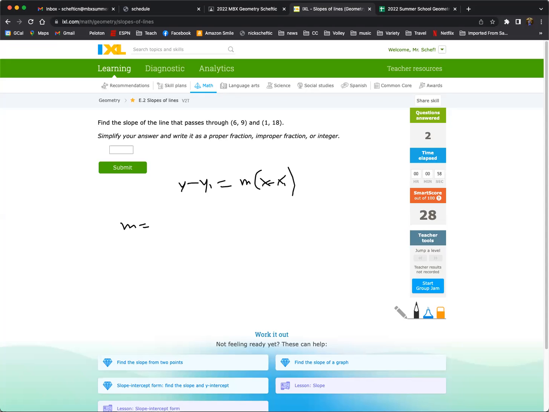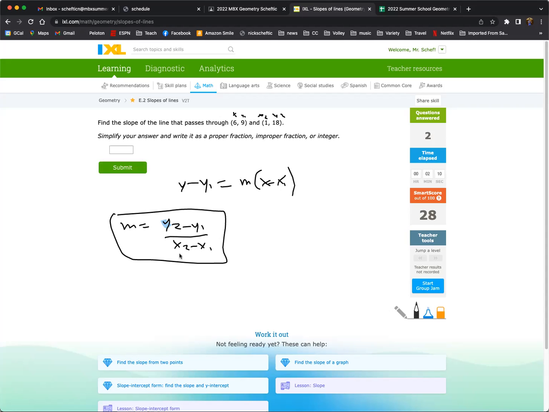Pause for a second. I'm going to write this out for you. I just want to save you a little bit of time. So I wrote out the slope formula right here. All we've got to do is plug it in. We have our x1, x2 here, and we have y1, y2 right here.